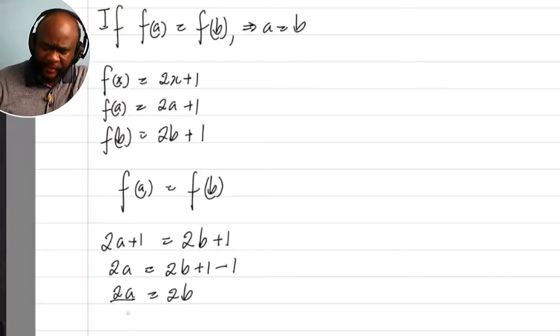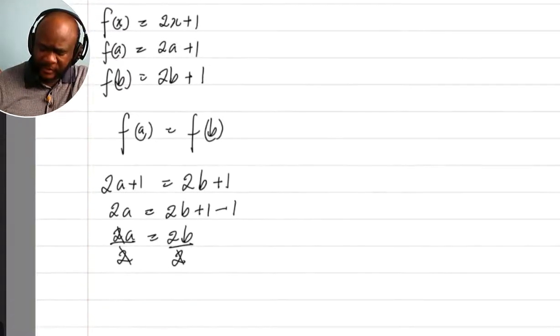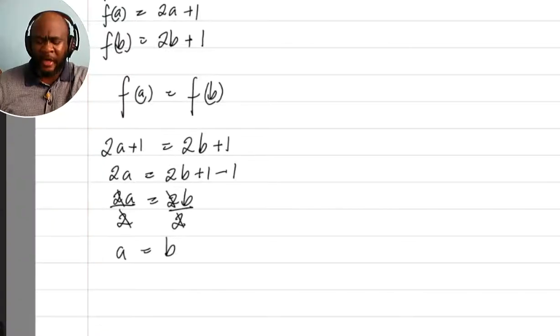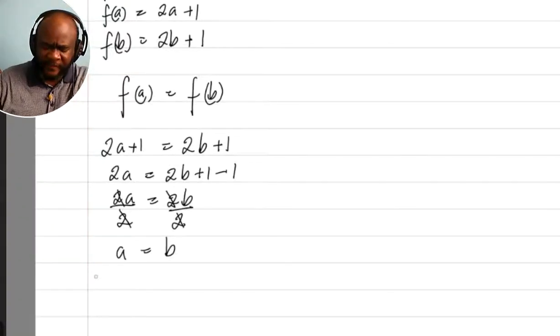If we divide both sides by 2, we see that a is equal to b. So if f of a is equal to f of b and a turns out to be equal to b, we can say that the function is one-to-one or injective.